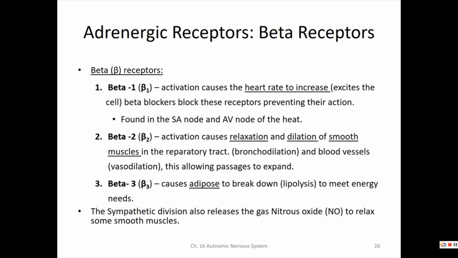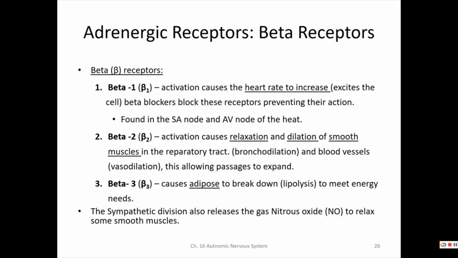Alpha 1s, alpha 2s. Now, beta receptors: beta 1, beta 2, beta 3. You will see one of these as well, okay? What is beta 1? Beta 1, if you activate it, it increases the heart rate. It excites the heart cells.